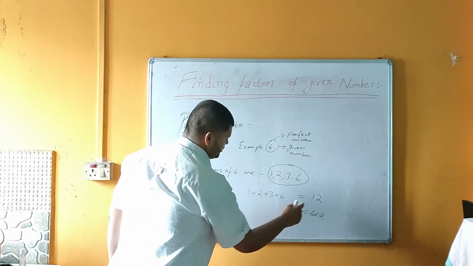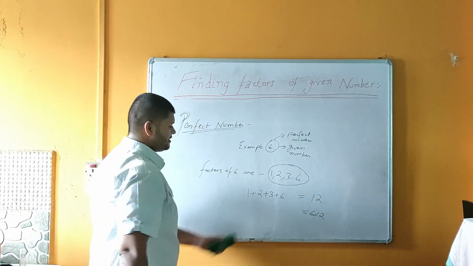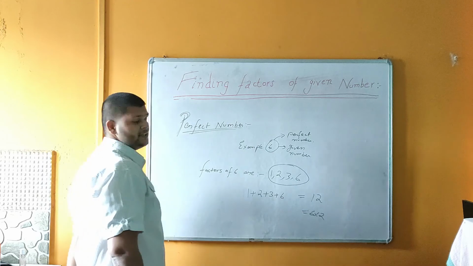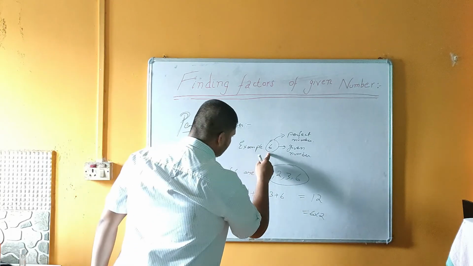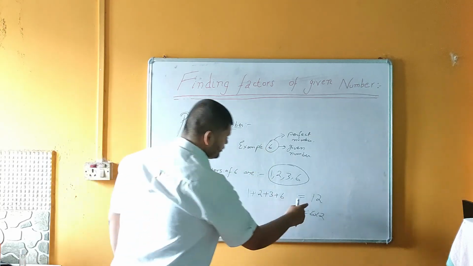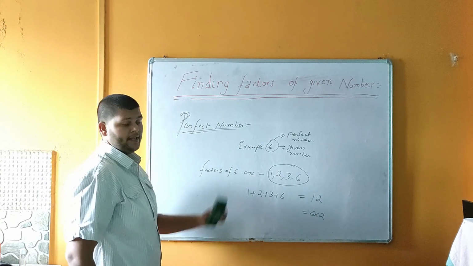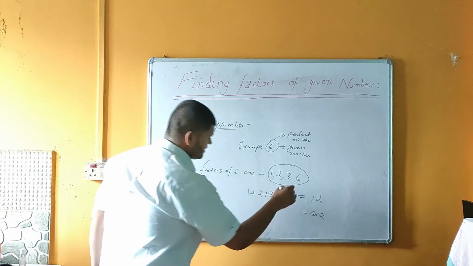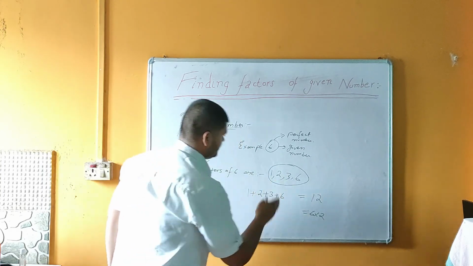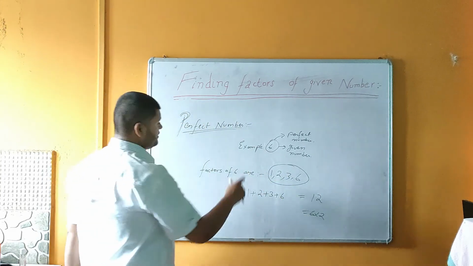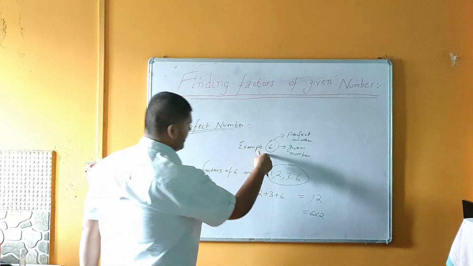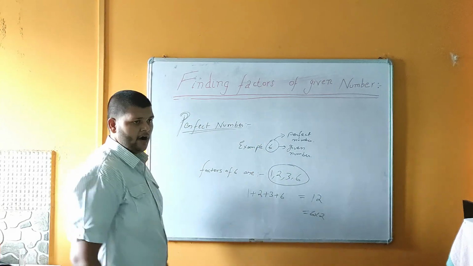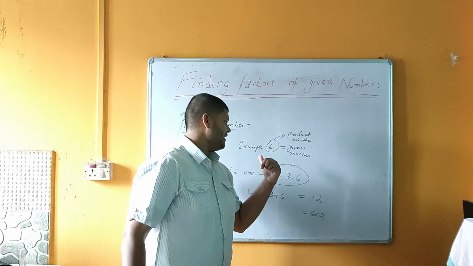After adding, you get the result. This result you need to compare with the given number. Here the given number was 6 and the result we obtained is 12. It is exactly double the given number. If the result is double the given number, then we will conclude that the given number is a perfect number. I hope you are clear with this example.